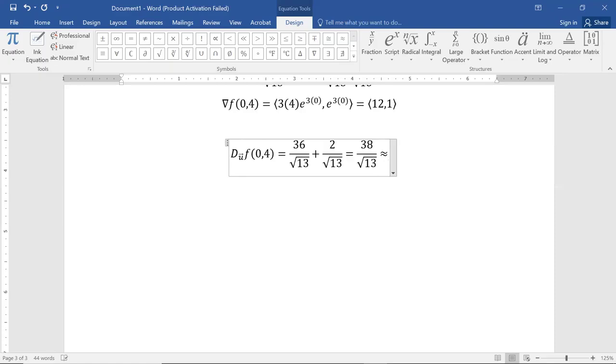Now, 38 divided by the square root of 13 is about 10.54.